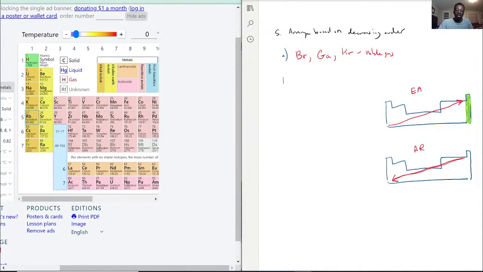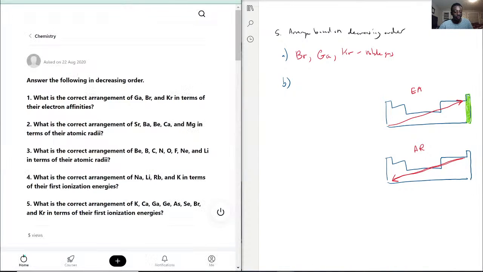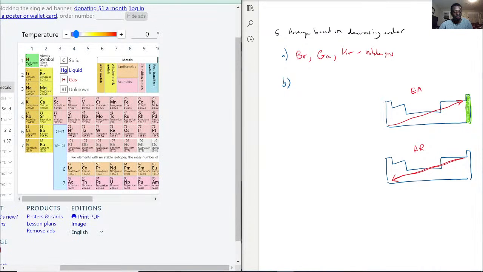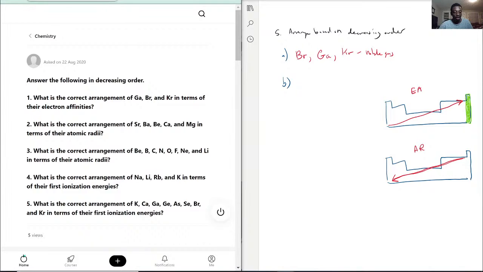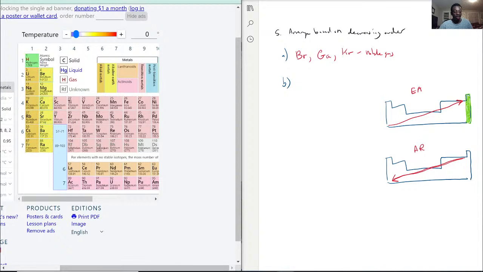So with that being said, for B, we are comparing strontium, barium, beryllium, calcium, and magnesium, which are all here.